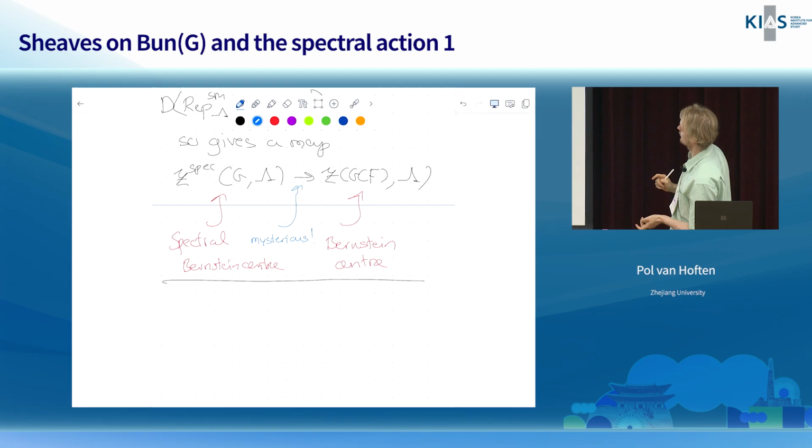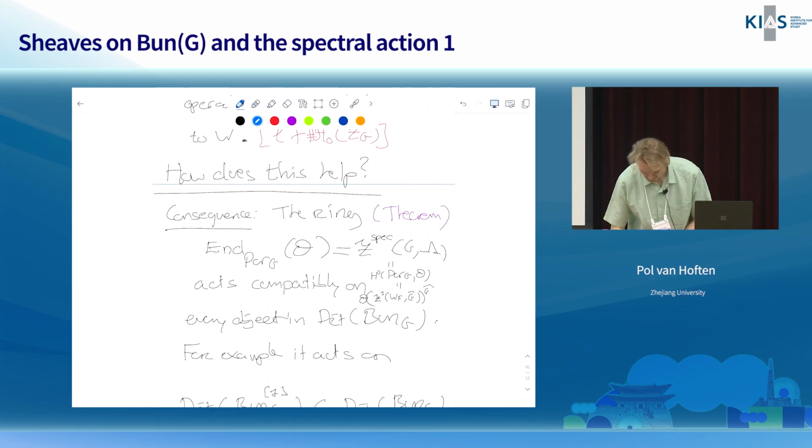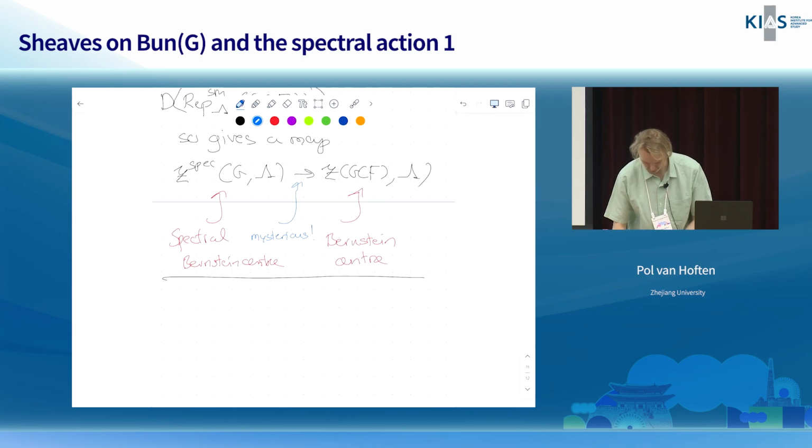But having the map, there's this really nice short paper, Helm, Kurinczuk, Moss, maybe 2 or 3 years ago, where they say, having this map itself already has consequences for the representation theory. This consequence is not a small consequence, it's actually a big consequence.